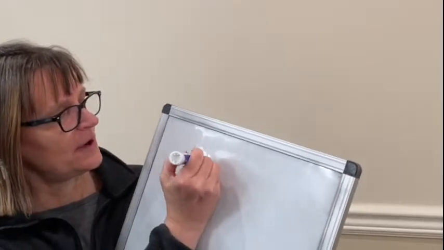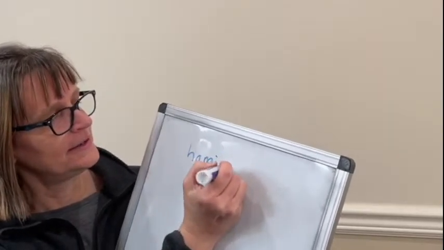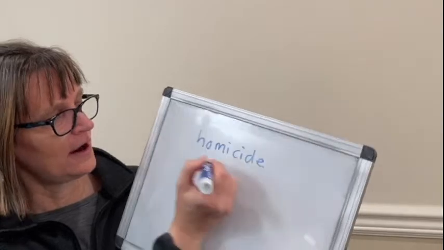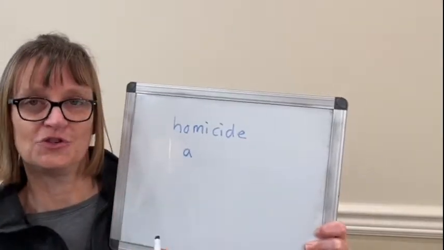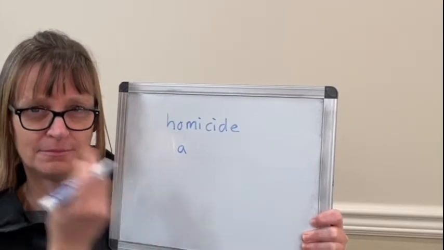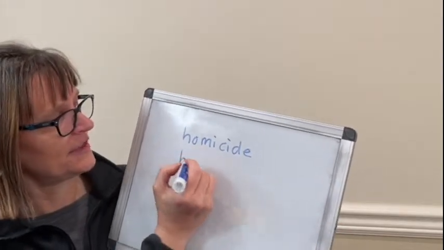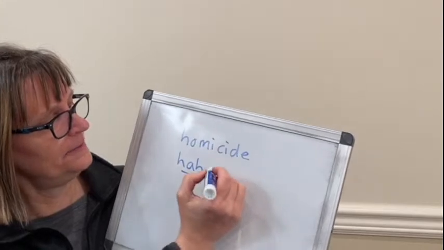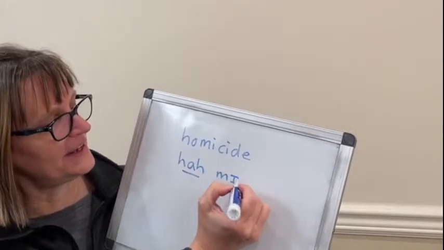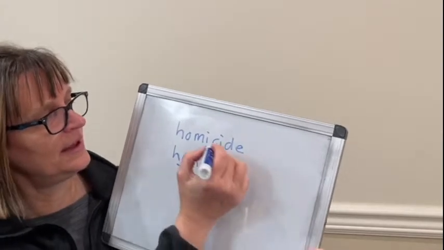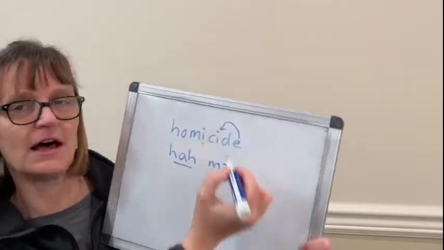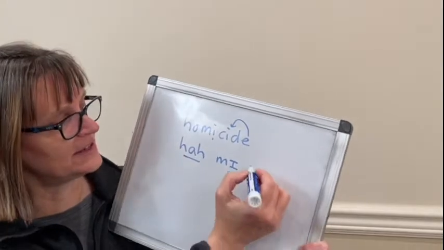We have a question about homicide. So here our letter O is vowel ah. Usually O, when it's in the stressed syllable, is an ah sound. So thinking about that, like ha. Then we will have an I or even an uh sound for the second syllable. And then the E makes the I say the diphthong I, makes the I say its name.